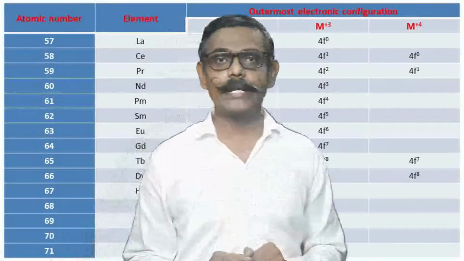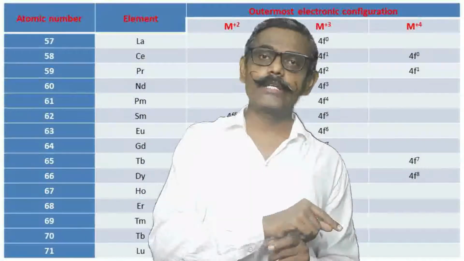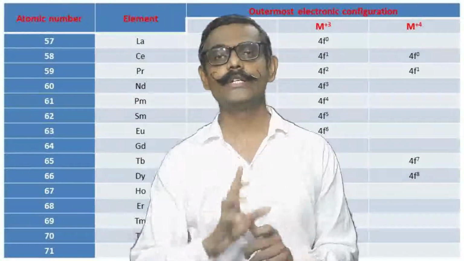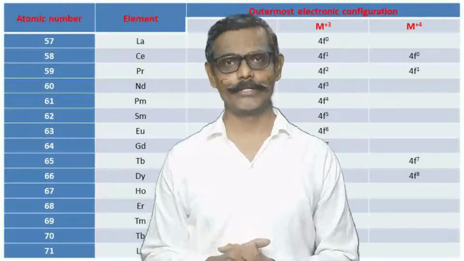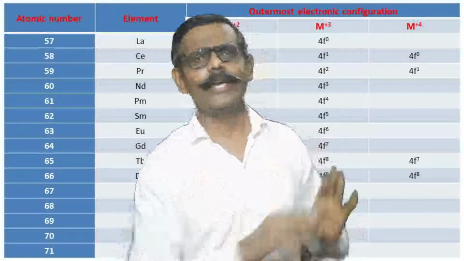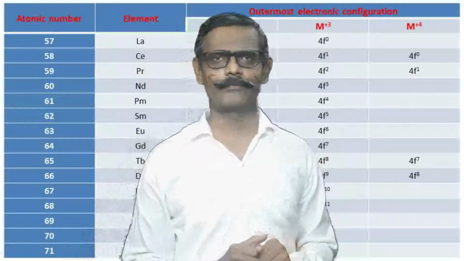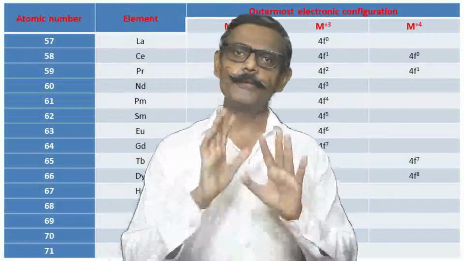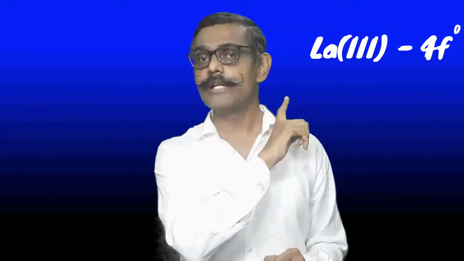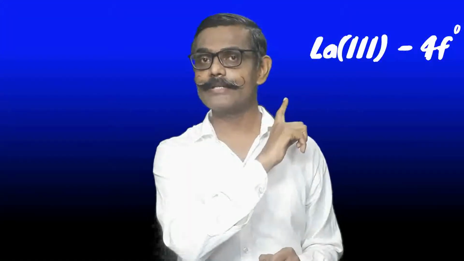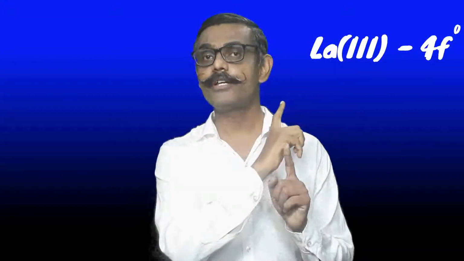You will understand the electronic configuration and possible oxidation states of lanthanoids. Let us explain this table. If you see lanthanum +3, what is the electronic configuration for lanthanum +3? 4f0.